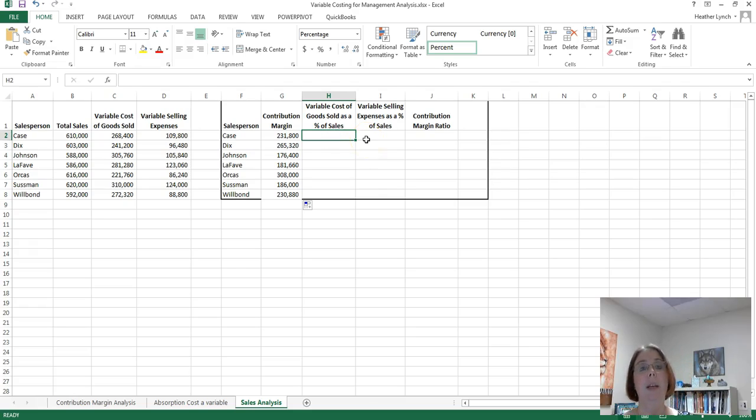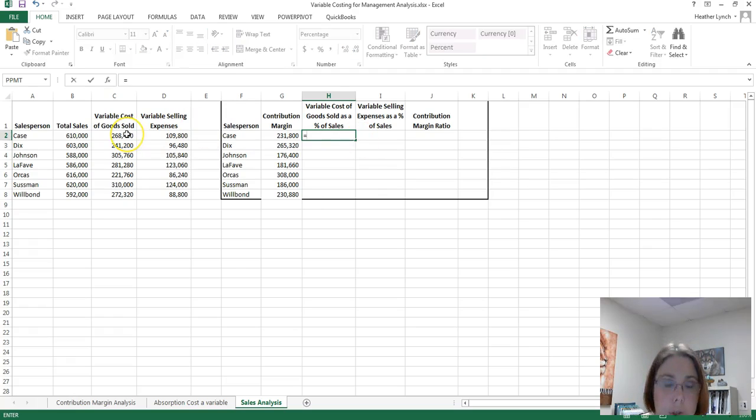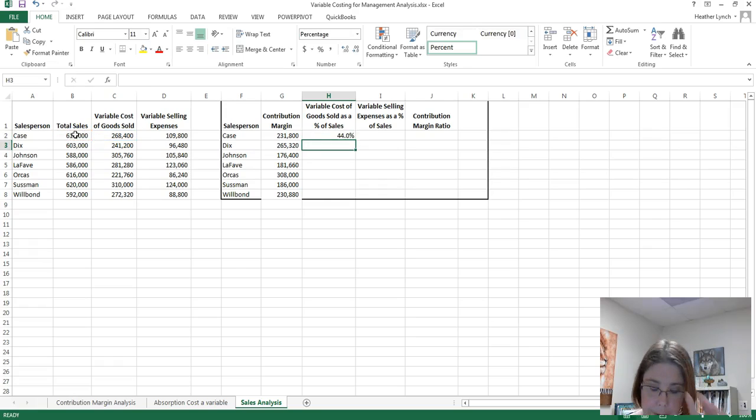Okay, so now we need to look at variable cost of goods sold as a percentage of sales. So what I can do here, and I'm looking at variable cost of goods sold, so take my 268,400, divide that by my total sales, and that gives me a percentage.